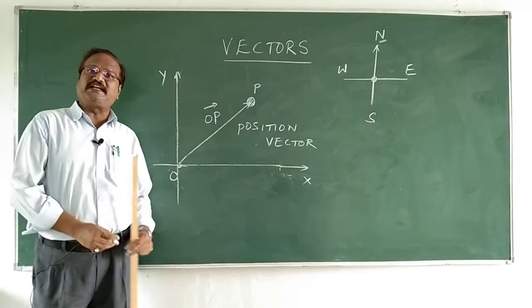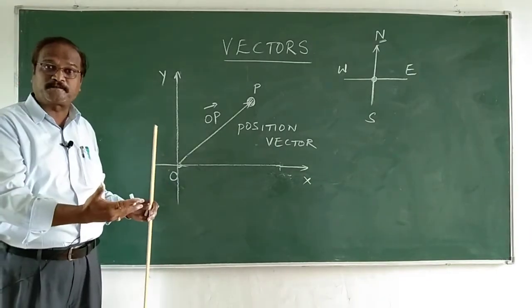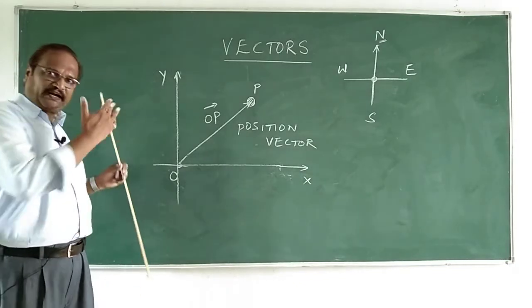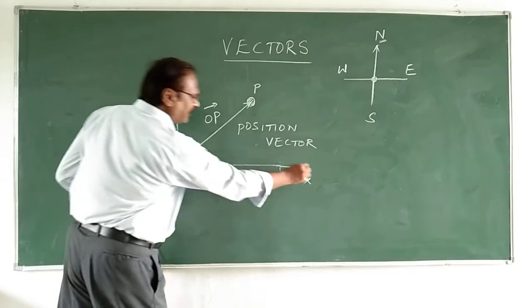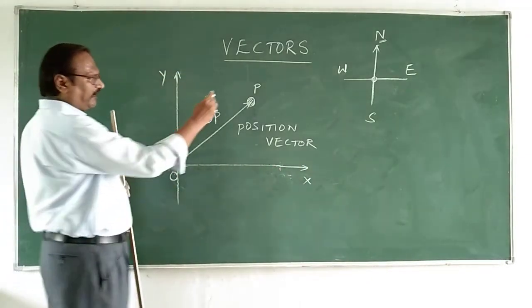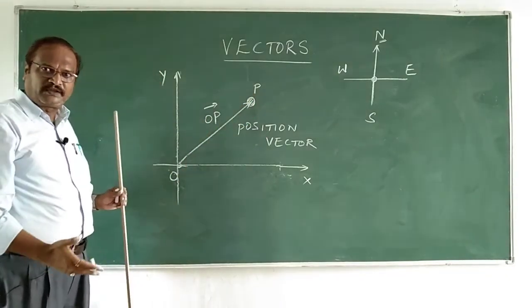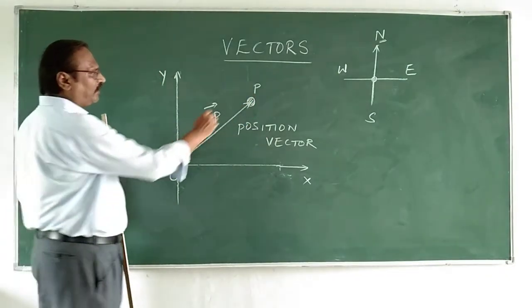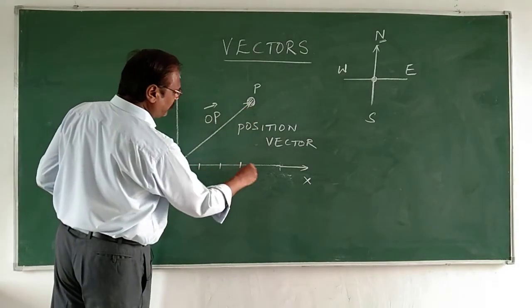So when do we need vectors? Whenever we talk about two dimensions. What are the two dimensions? In one dimension there is only one axis. In two dimensions, what is happening? We have the x-axis and the y-axis. So naturally, to locate the position you need two values, x and y. We cannot simply say it is lying 1, 2, 3, 4.